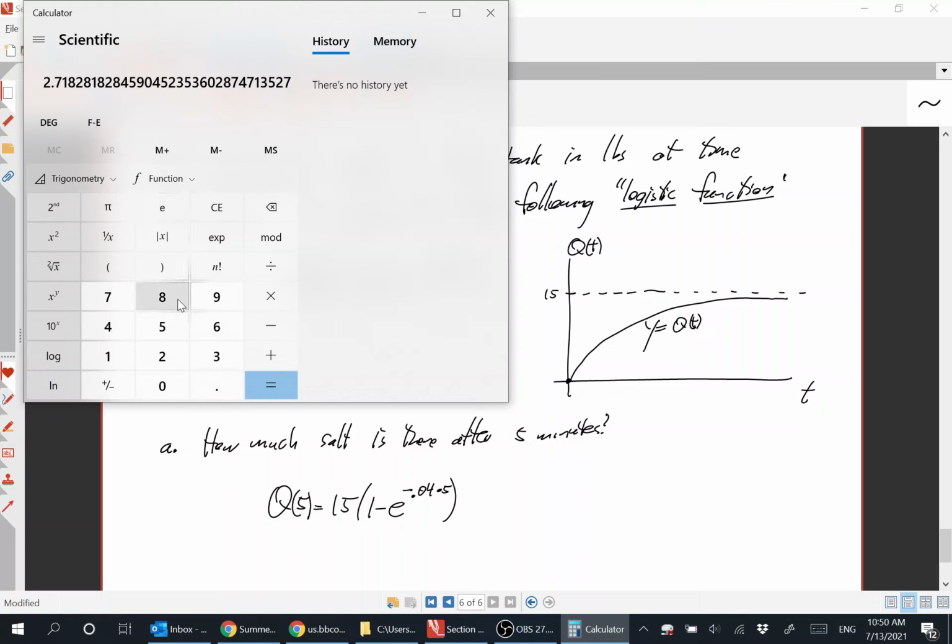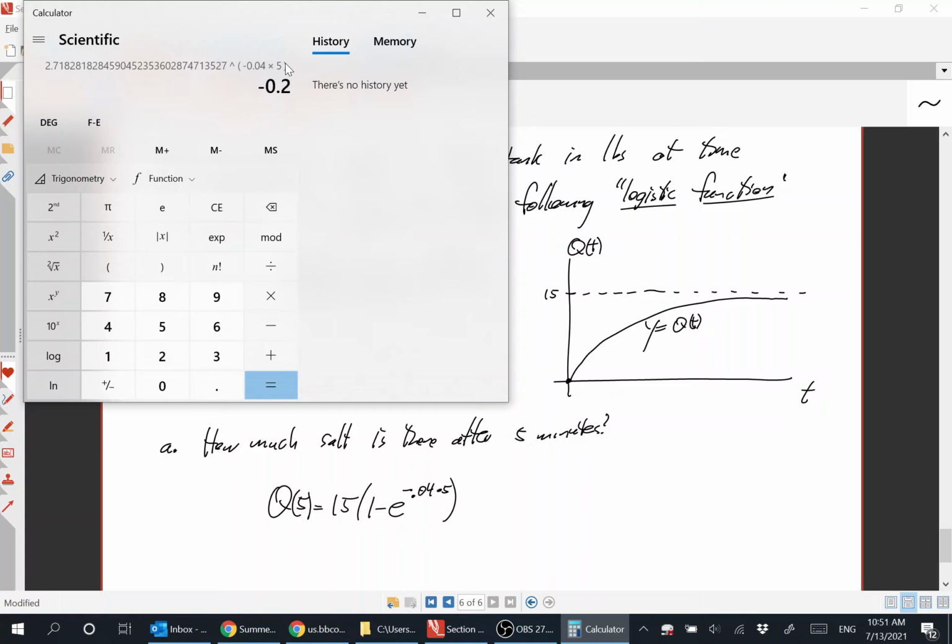E to the exponent, and it's going to be 5 times negative 0.04. Then you should have a positive negative button somewhere. It keeps flipping the sign like that. 0.04 times 5 minutes.